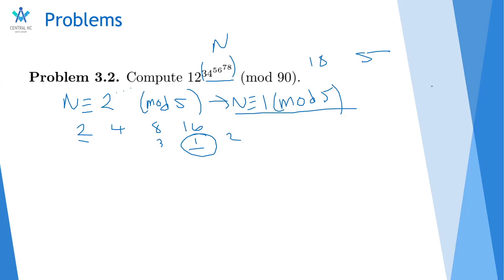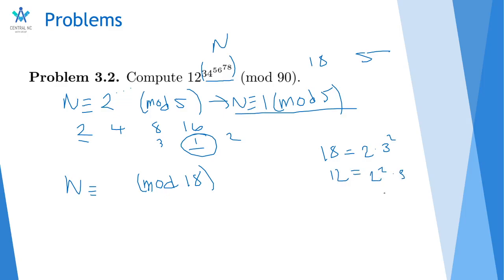All right, let's move on with modulo 18. And now I'm just going to use a logical argument for modulo 18. Note that 18 is equal to 2 times 3 squared. And also note that 12 is equal to 2 squared times 3.